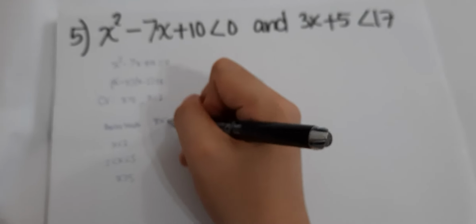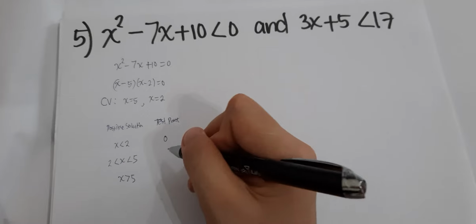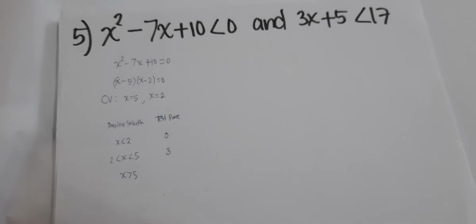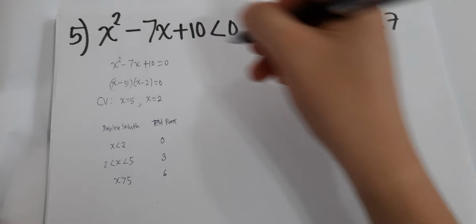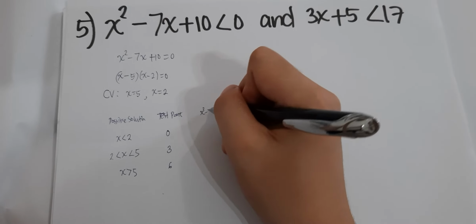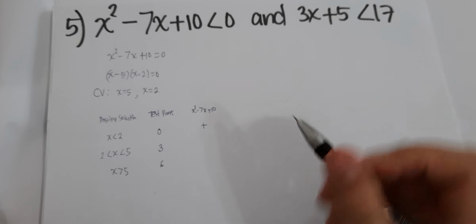Test point. What are my test points? Less than 2, I will use 0. 2 to 5 could be 3. Greater than 5 could be 6. Then I will take the sign. What will be the sign for this one? So if it's 0, positive.